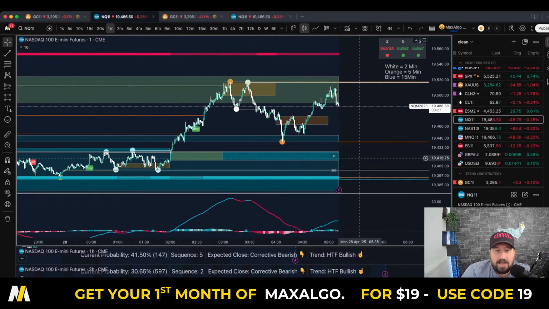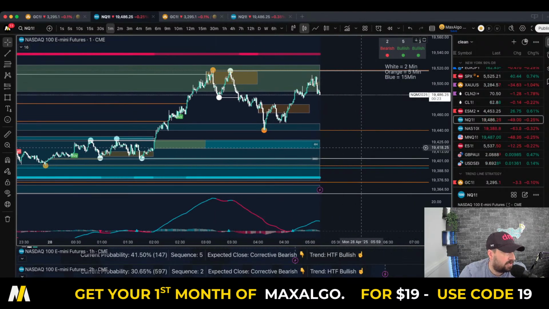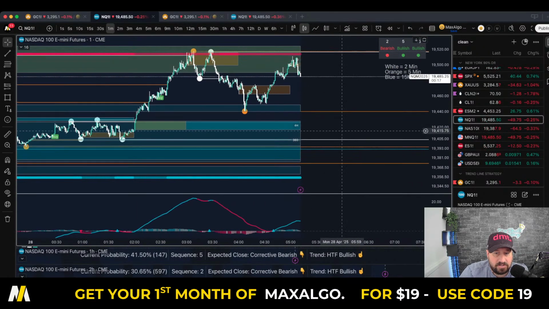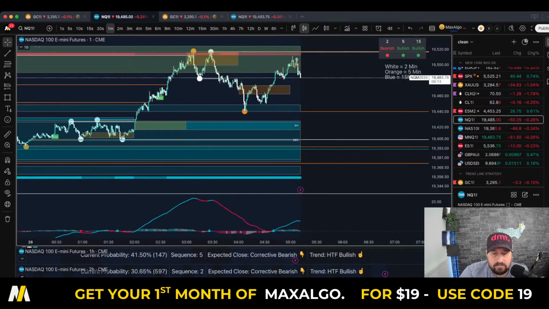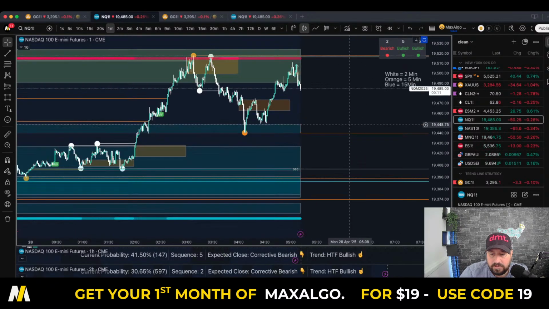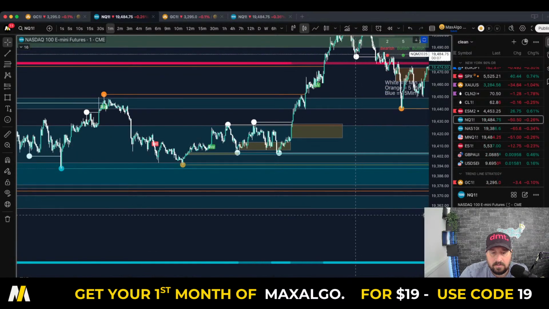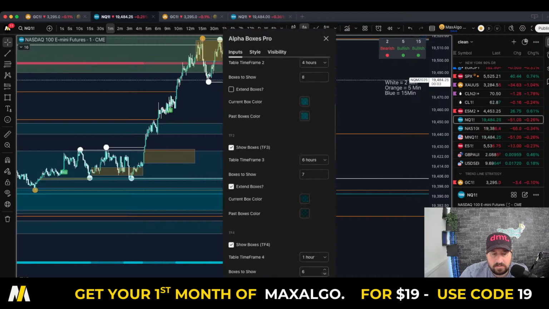We've got 1 more hour to finish our 6 hour. That'll be a really good indication: if NQ is going to go bearish, the 6 hour alpha box will go bearish as well. I'll reduce our 6 hours if it makes sense to.